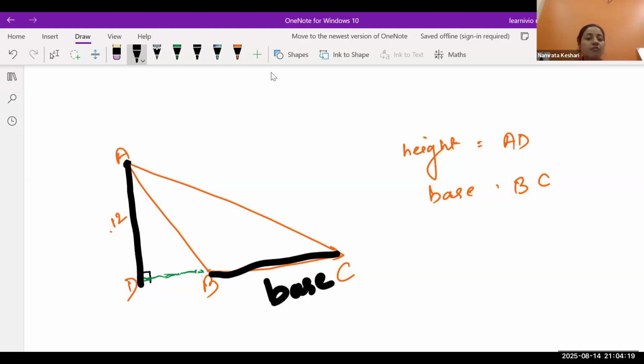Is it making sense? Why we are saying BC is the base? Because BC को extend करके height से हम meet करा पा रहे हैं। आ रहा है समझ में?